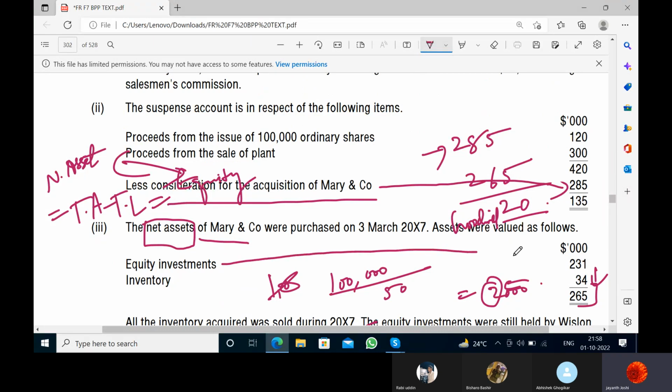How much is the investment? 231, that you have to show. Why? Because inventory you have already added to your purchases, and the equity investments you purchased are an asset for you. So we will write that here in the balance sheet.